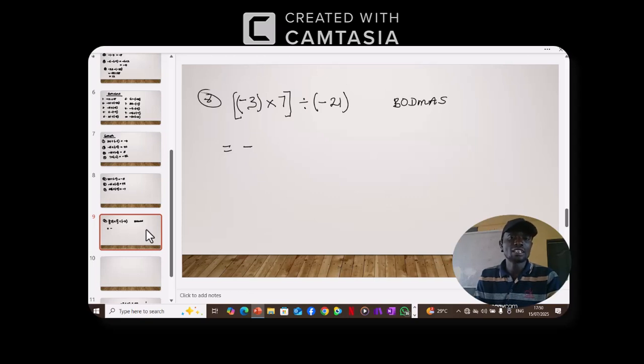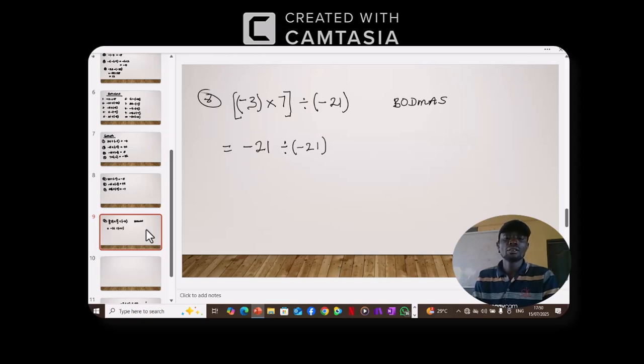So 3 times 7 is 21, so minus 3 times 7 gives you minus 21, divided by minus 21.